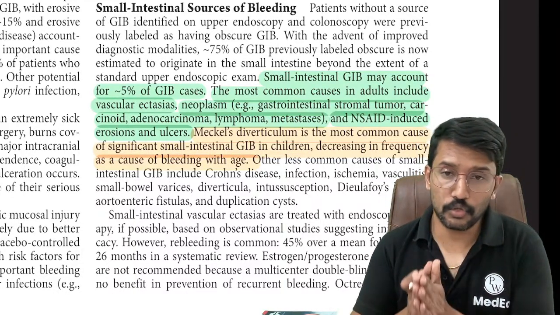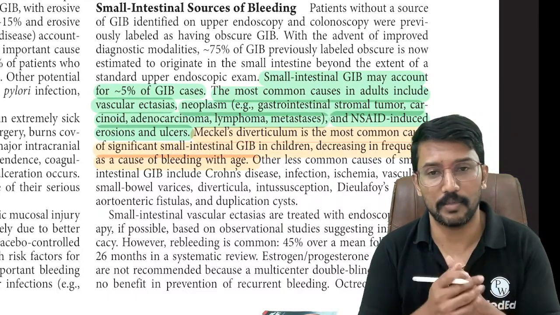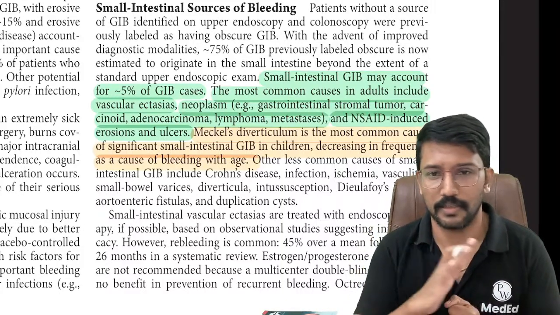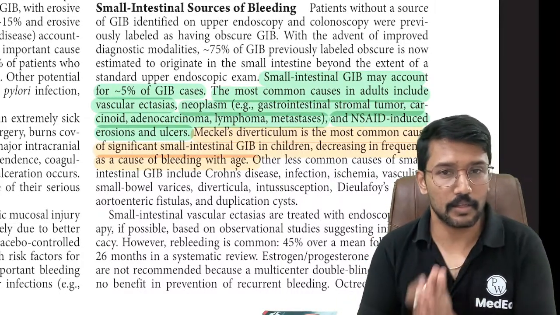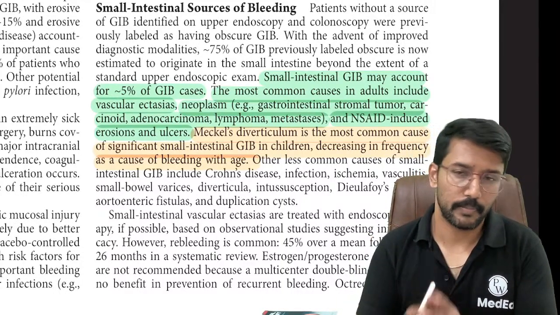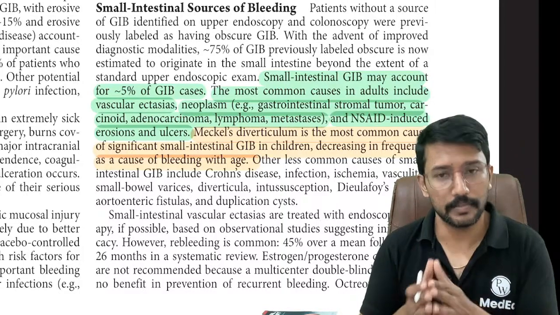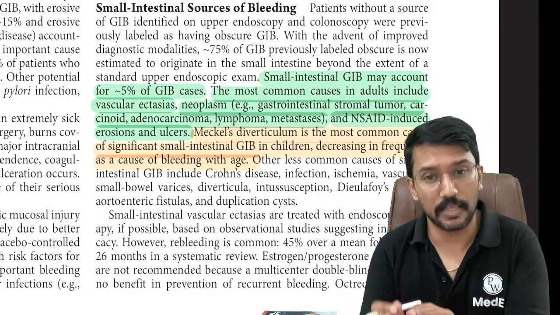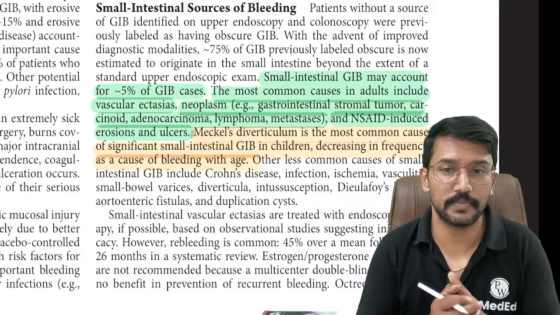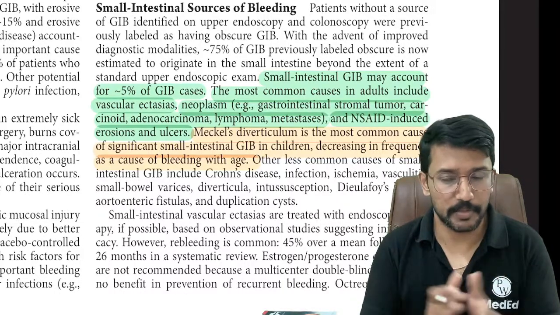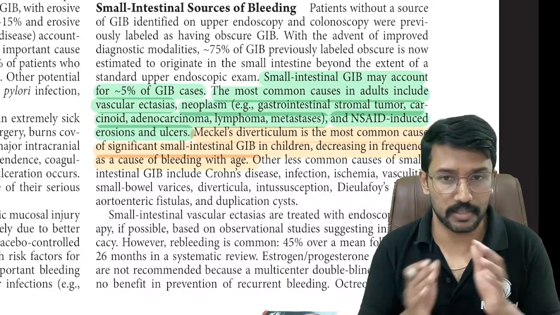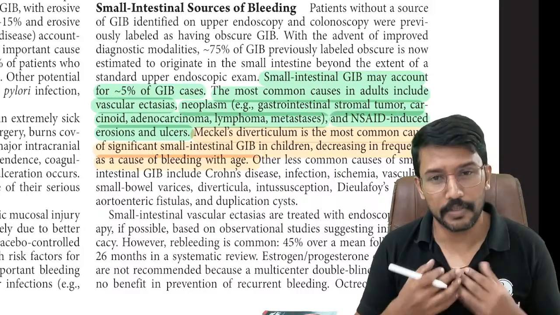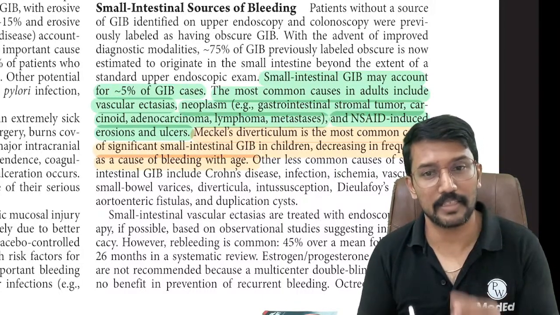But in adults, the most common cause for the small intestinal bleed, which presents as obscure GI bleed, nothing found on the endoscopy, is not the Meckel's diverticulum. Meckel's diverticulum typically affects the small intestine and presents in childhood. So if a child presents with GI bleed, and upper GI and lower GI endoscopy turn out to be normal, then the first thing we should suspect is Meckel's diverticulum.